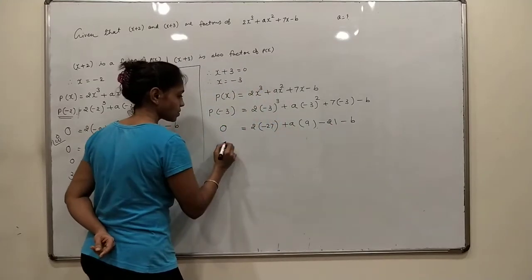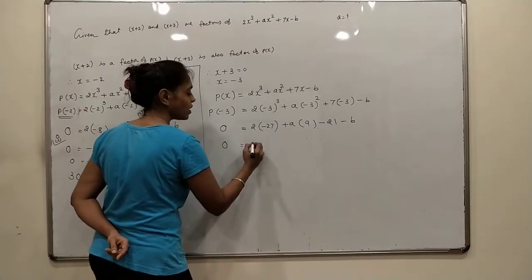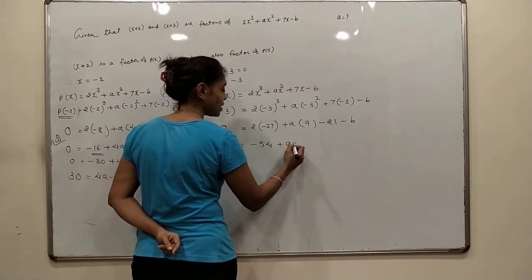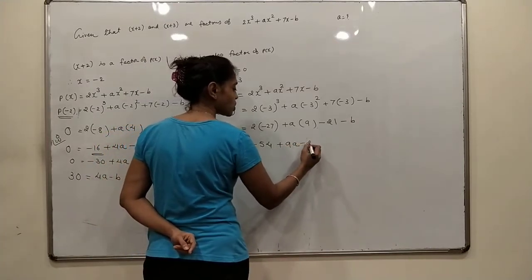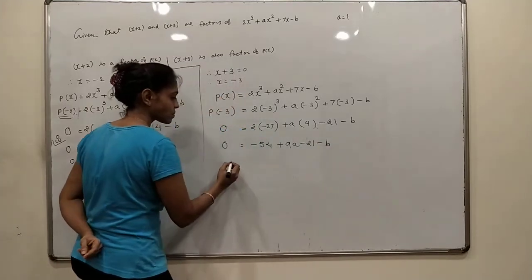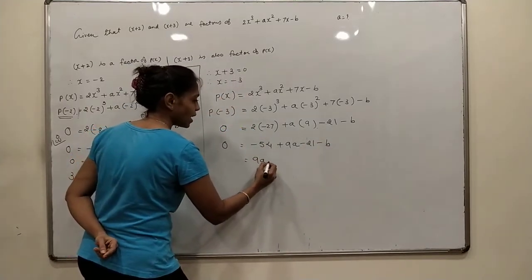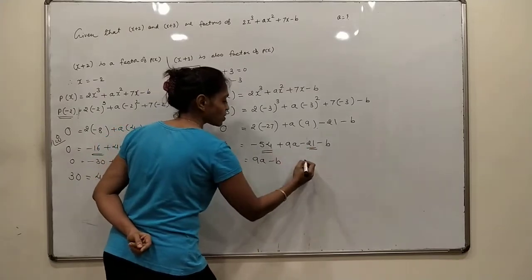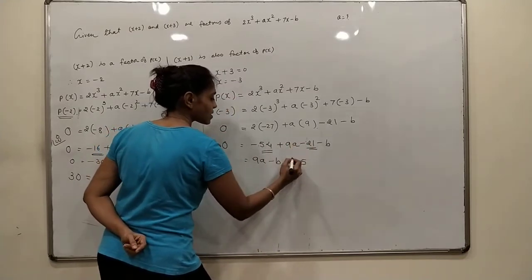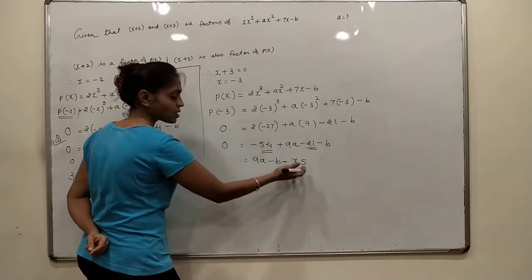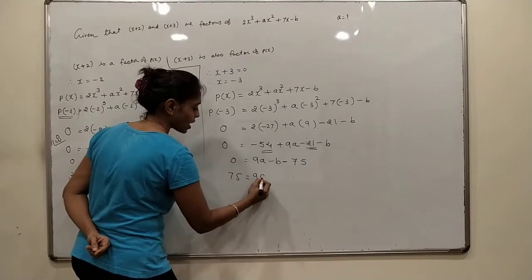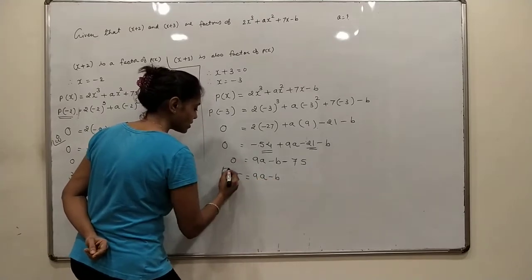So 0 equals minus 54 plus 9a minus 21 minus b. So 9a minus b minus 54 minus 21, which is minus 75. 75 goes to the other side, so 75 is equal to 9a minus b. This is equation number 2.